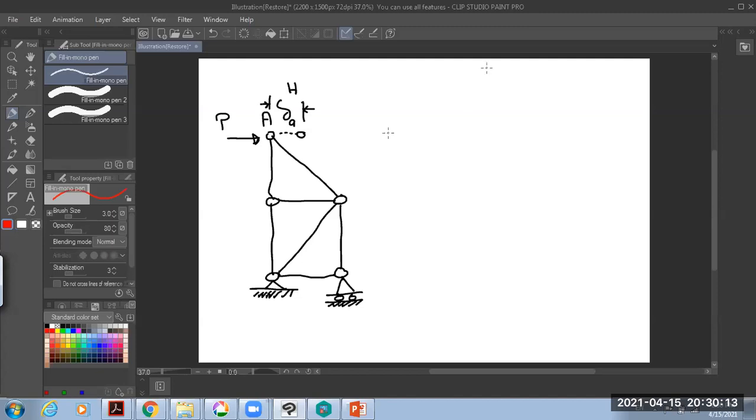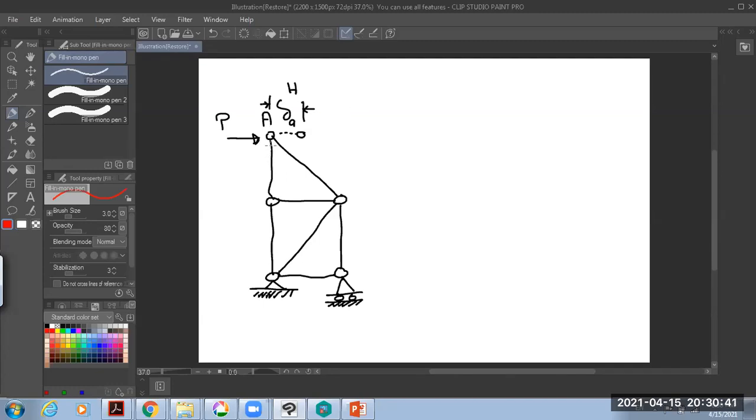Why? Guys, please tell me, yes or no? Deflected horizontally or not? Yes, it is deflecting horizontally. It can also be deflected vertically, but not at the same time, because it cannot be in horizontal and vertical at the same time.